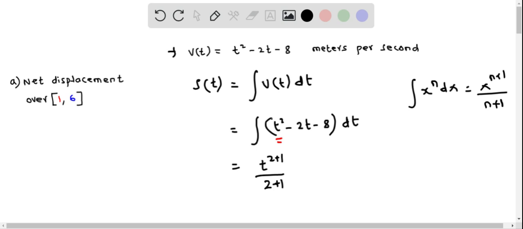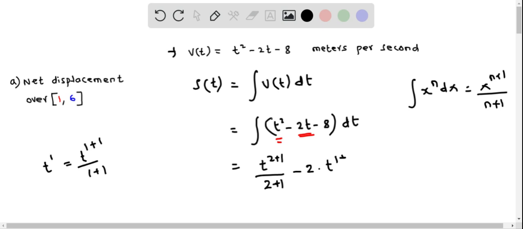So we have used this power rule of integration, and we then have this minus, and let's integrate the next term, which is negative 2t. Since 2 is a constant, we keep the constant as it is and then integrate only the t. Here also we can use the power rule of integral, that is we consider t as t raised to the power of 1, and then we get t raised to the power of 1 plus 1 divided by 1 plus 1.